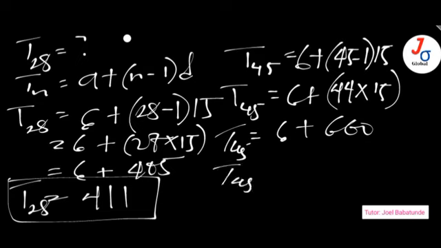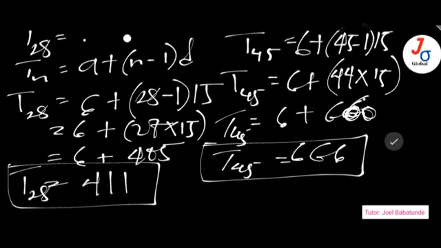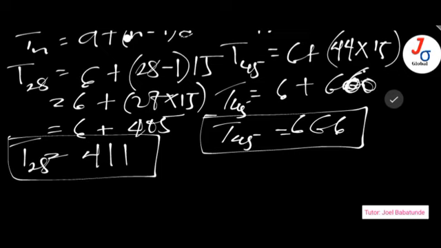So T45 is actually equal to 660, rather, 666. So this is T45. Okay, so we have answered the question. T28 is equal to 411 and T45 is equal to 666.